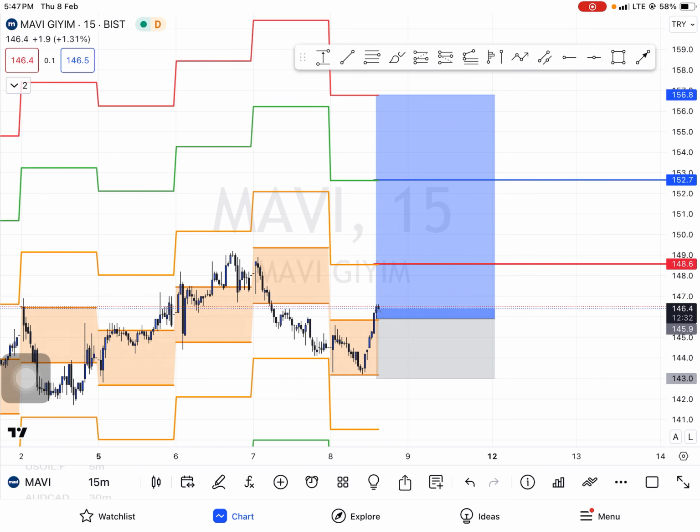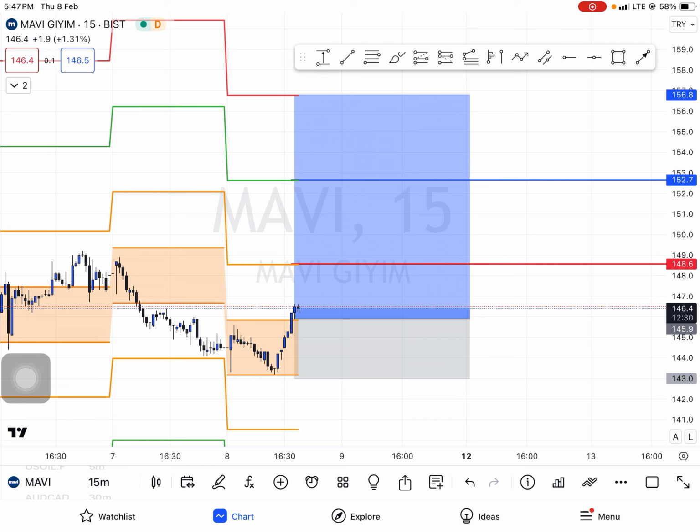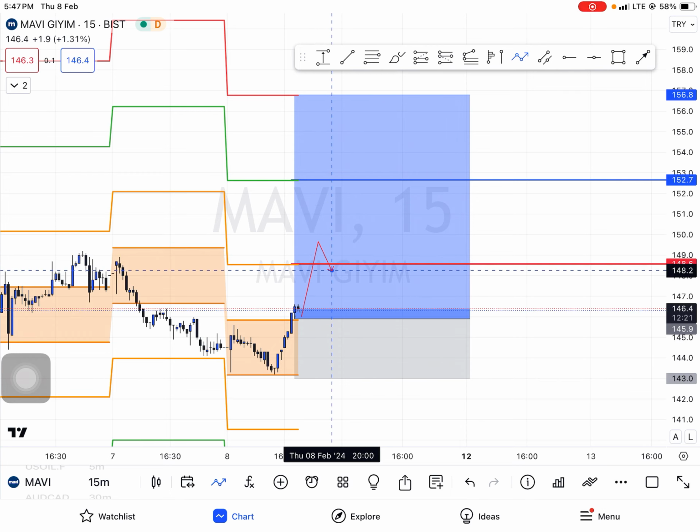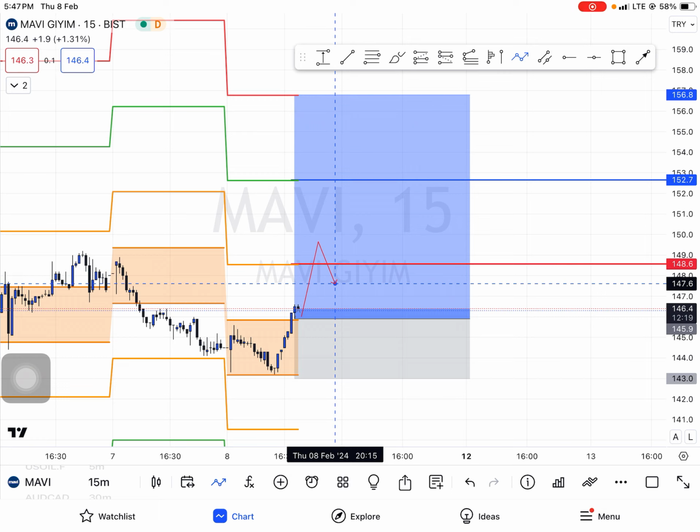Now what if price goes till this particular level, the red level, crosses it and then comes back in? If that is the case, then we have to get out of the market immediately, booking small profits.